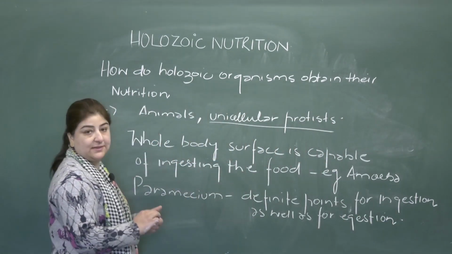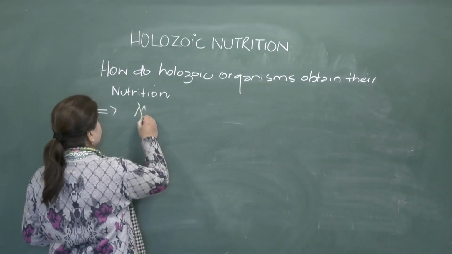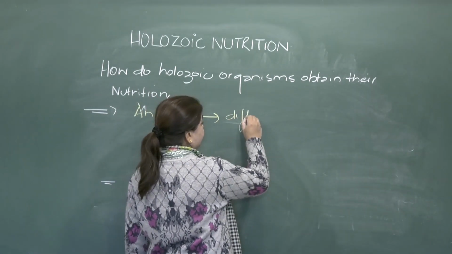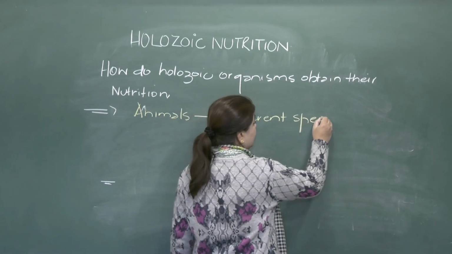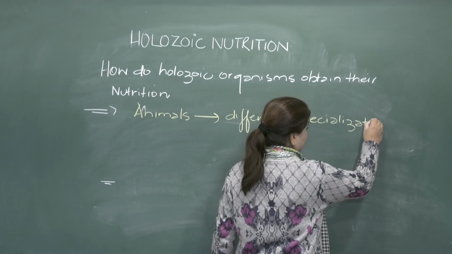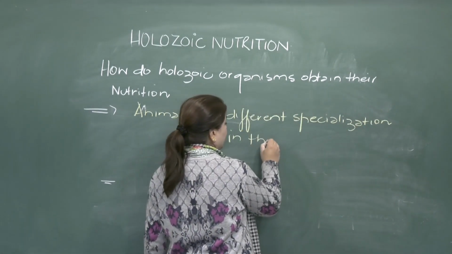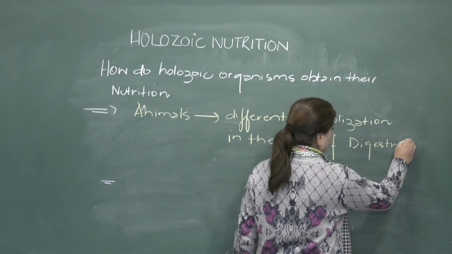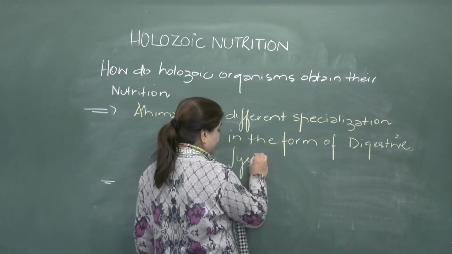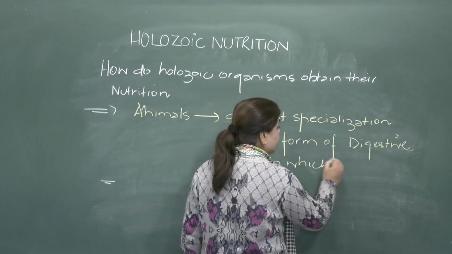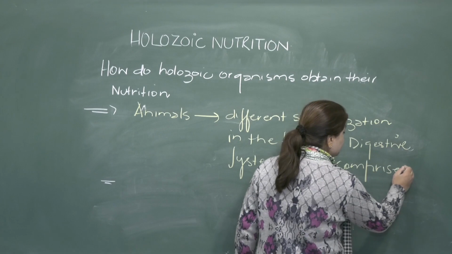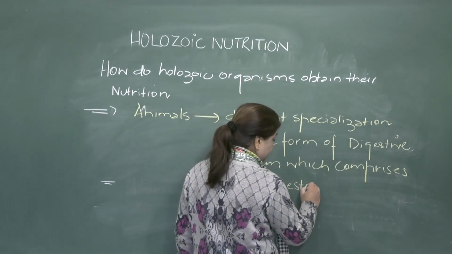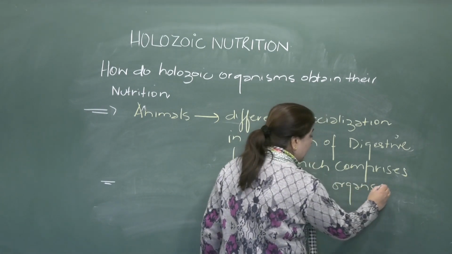Then moving on to animals. Animals have different specializations in the form of a digestive system, which comprises digestive organs and digestive glands.